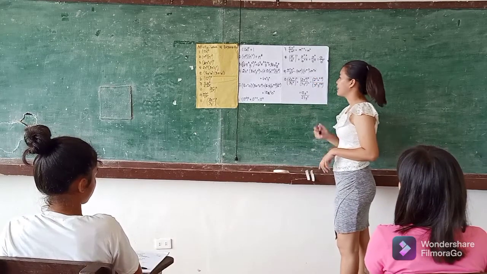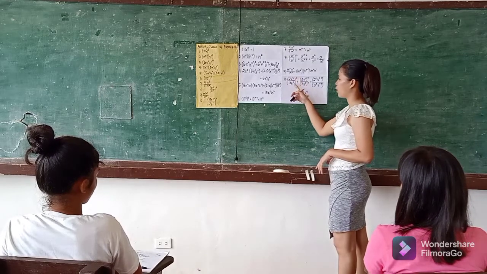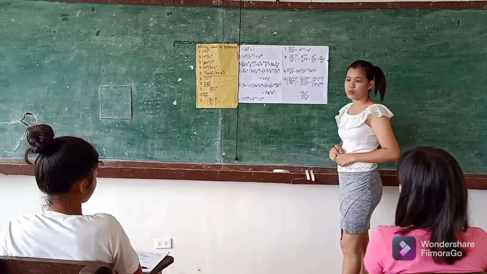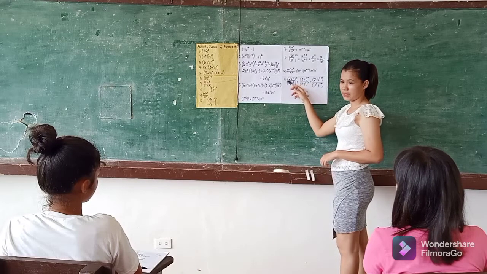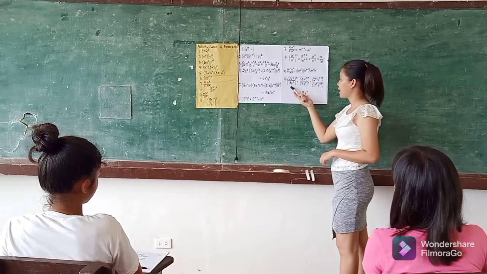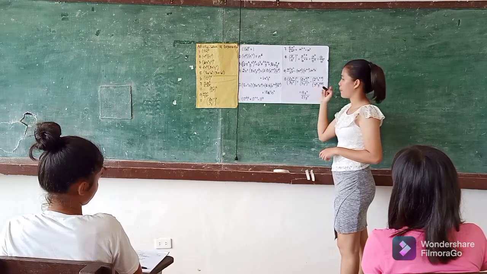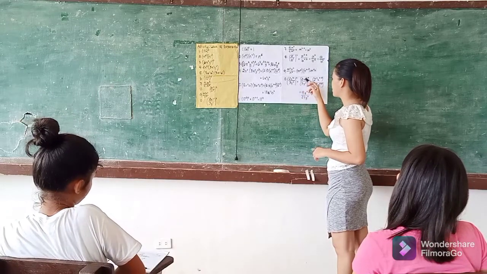Number 10. The quantity of 2x raised to 3 all over 3y squared raised to 3 is equals to, distribute natin yung ating exponent. Magagamit natin yung law for power of a quotient. Power of a quotient.